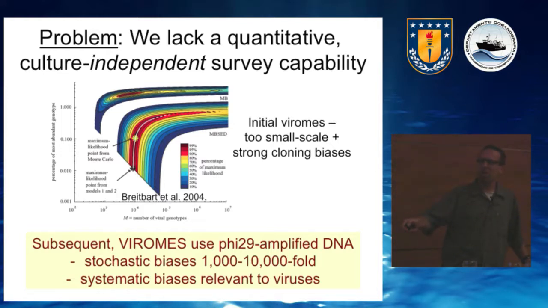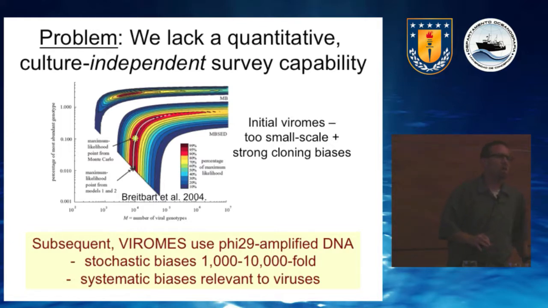And then for viruses, Phi29 also has a systematic bias because it over-represents small circular DNA and single-stranded DNA. So it's going to really change the viral community when you look at it.